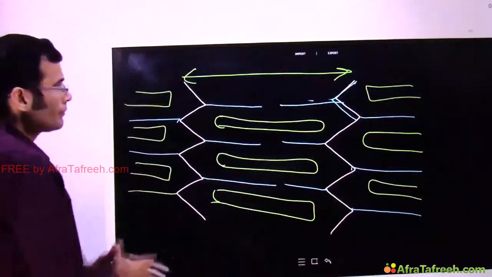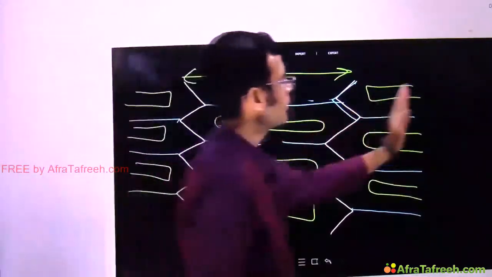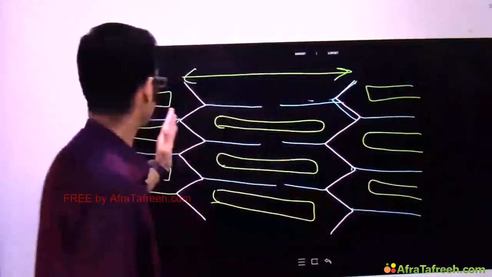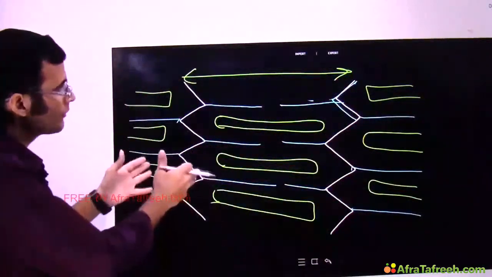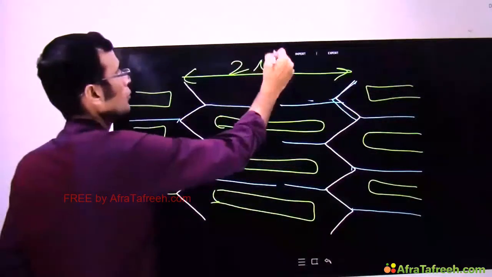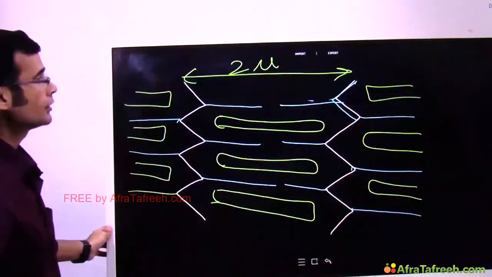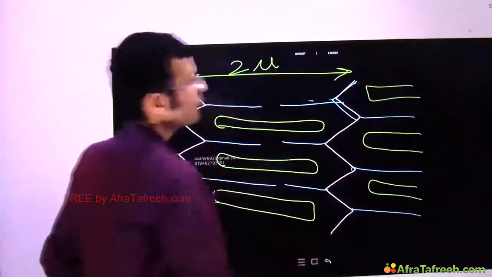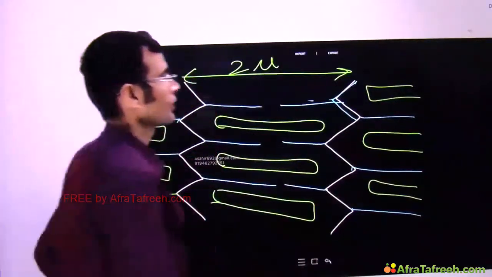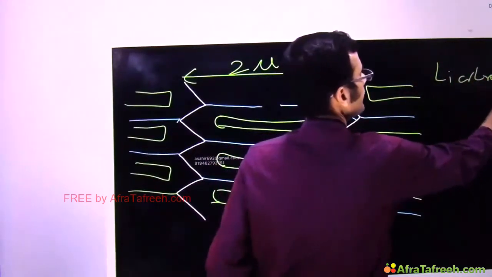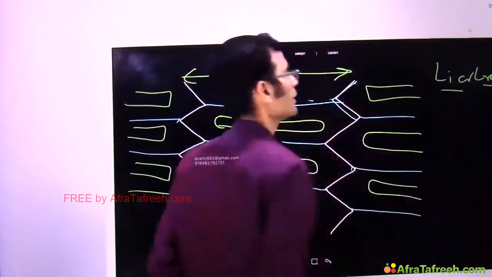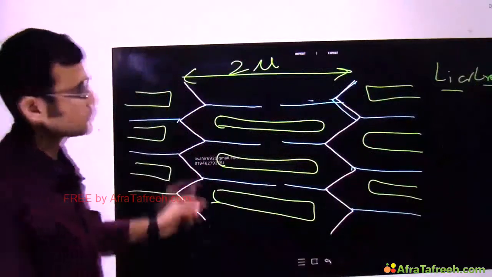There are Z lines at regular distances. The distance between two successive Z lines is the sarcomere. Now, the normal resting length of the sarcomere is 2 microns, and this is called L initial or L resting. Length resting or length initial is 2 microns.